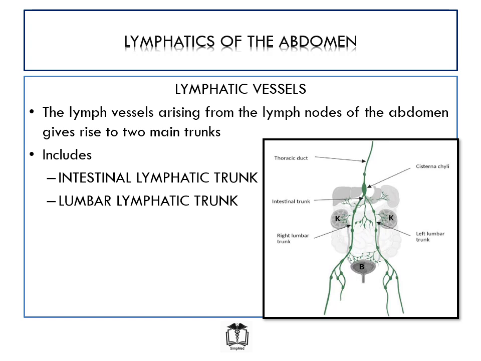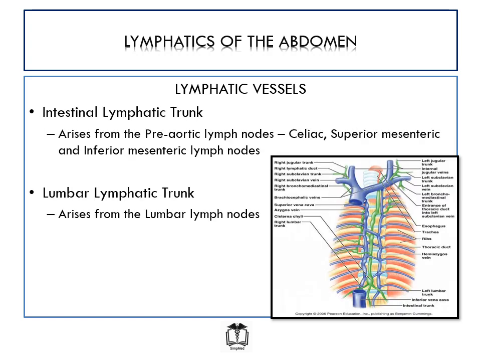The lumbar lymphatic trunk drains lymph coming from para-aortic nodes. So just to reiterate, the intestinal lymphatic trunk arises from the pre-aortic lymph nodes and drains lymph coming from each of these structures, whereas the lumbar lymphatic trunk arises from the lumbar lymph nodes and will drain lymph coming from these various structures.